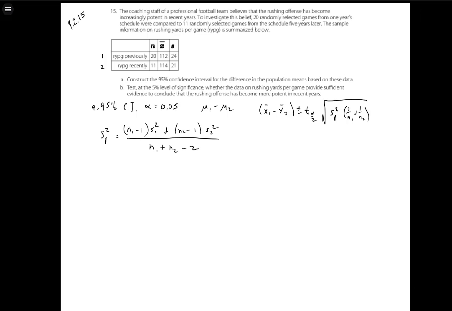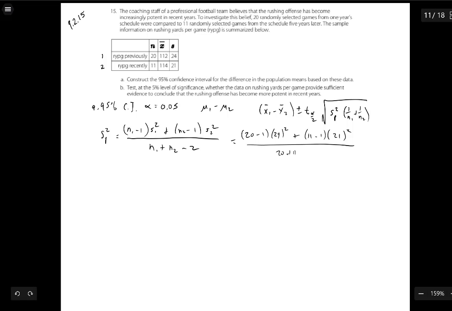So that's going to be 20 minus 1 times 24 squared, plus 11 minus 1 times 21 squared, and divide all that by 20 plus 11 minus 2.